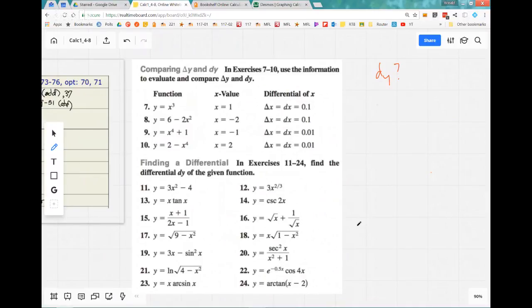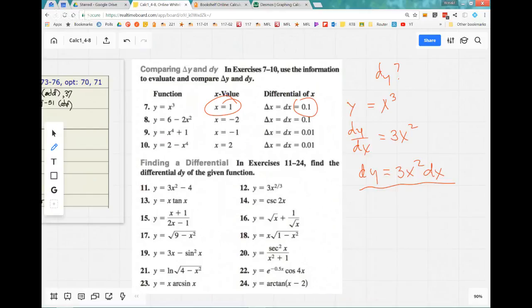Well, you take your function, that's y, and then you take the derivative, and then to find dy, you just multiply both sides by dx. So there's your dy, okay? And then to actually calculate dy, you could plug in this x value and this dx value. And you can just find the answer.